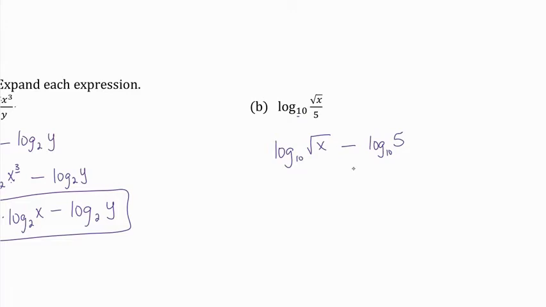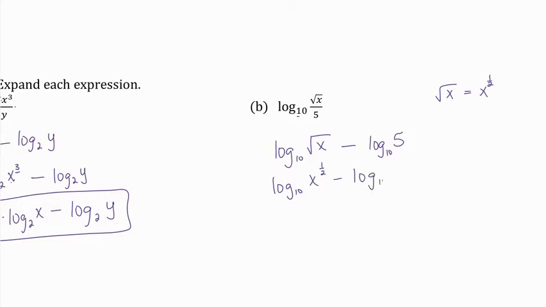Okay, then I've got this square root of x that we've got to deal with. So remember, radical x, I can also write that as a rational exponent, x to the 1/2 power, right? So I'm going to rewrite my radical x as x to the 1/2 power.